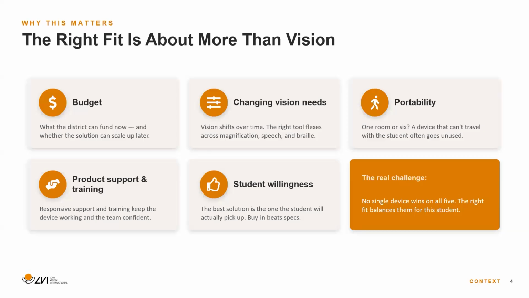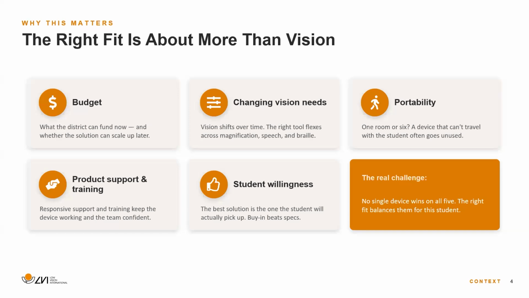The second tile I have on this slide is changing vision needs. More often than not, you're going to have some shifting in vision over time, and even shifting in vision throughout the day. So we need to make sure that we're thinking about using tools that can move with the student's functional vision capacity, and move with the student's changing vision over longer periods of time.